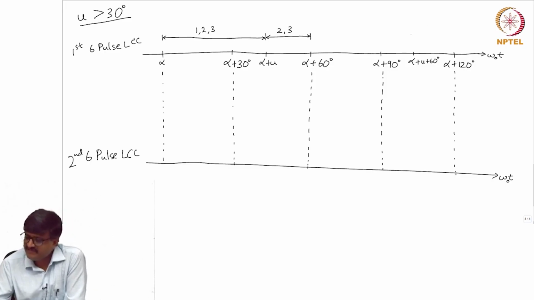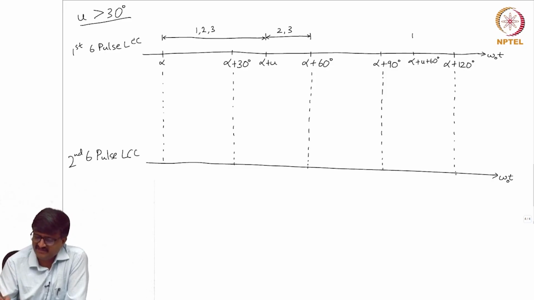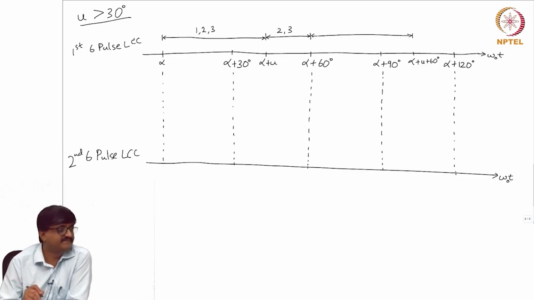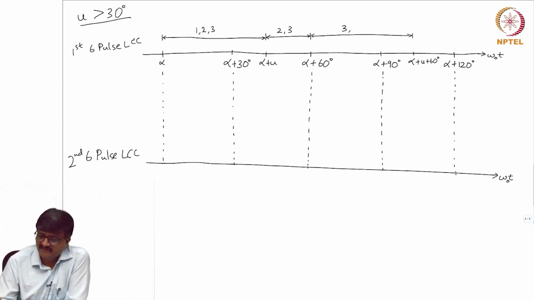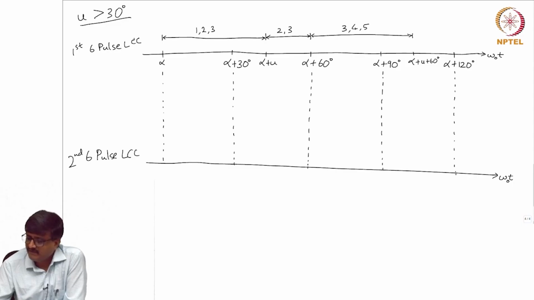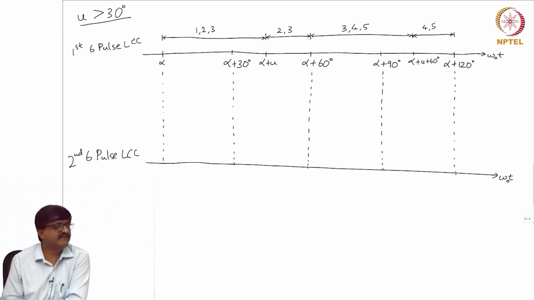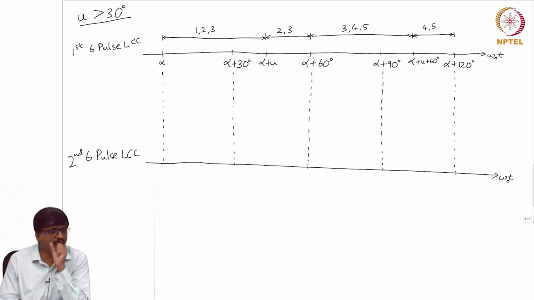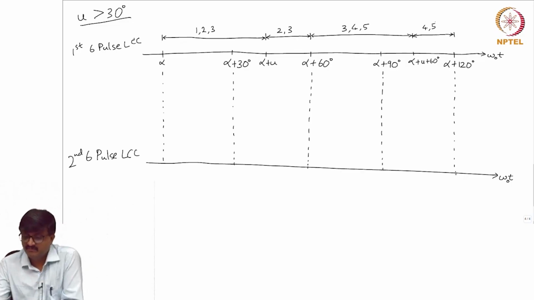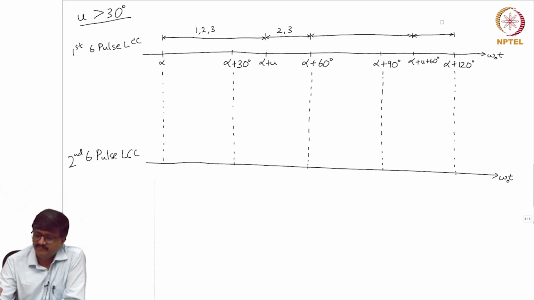So, from alpha plus 60 to alpha plus u plus 60 is the first subinterval of the second interval. So, here valves 3, 4 and 5 conduct. Then alpha plus u plus 60 to alpha plus 120 is the second subinterval of the second interval, valves 4 and 5 conduct. Sorry, I made a mistake. Please correct this: 2, 3, 4 and 3, 4.